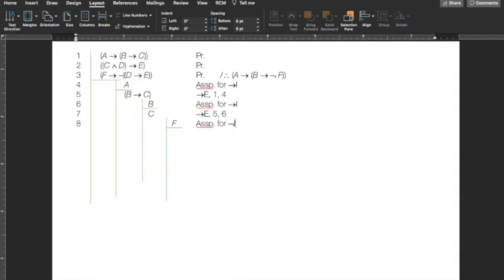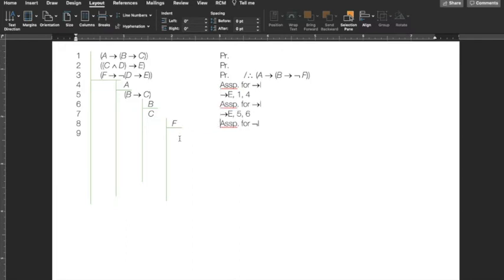And look, if I assume F, something follows from that, from my third assumption. So again, I'm going to move these over. What follows from assuming F? Not D and E. So that's by conditional elimination, lines 3 and 8.